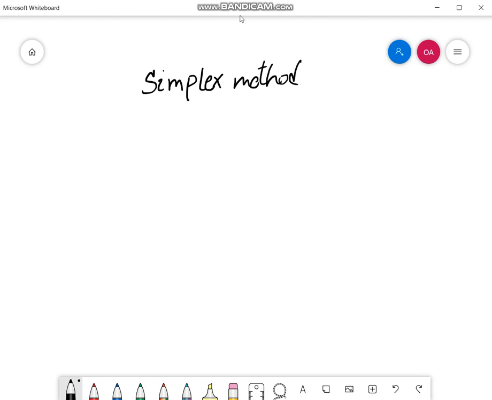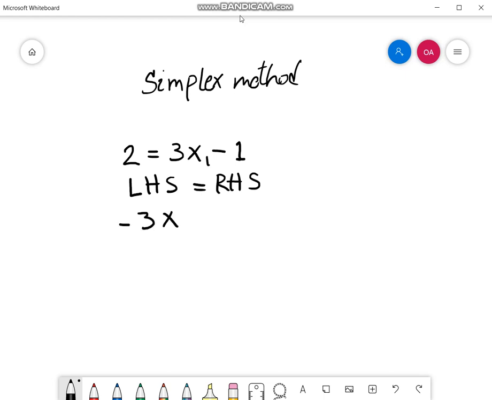So if you end up with a formulation like 2 equals 3x1 minus 1, that cannot be read by simplex or the MATLAB linprog code. You should have the decision variables on the left hand side and the quantity on the right hand side. So you're gonna reformat this problem, so it's gonna be minus 3x1 equals minus 3.